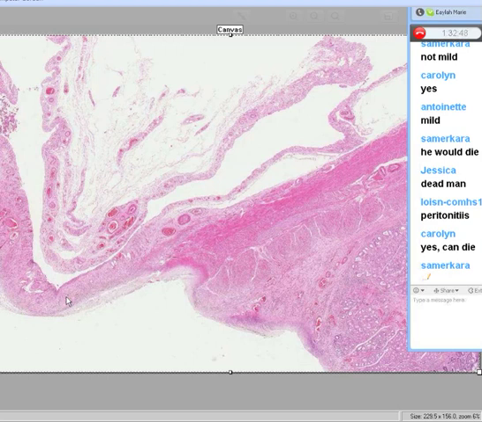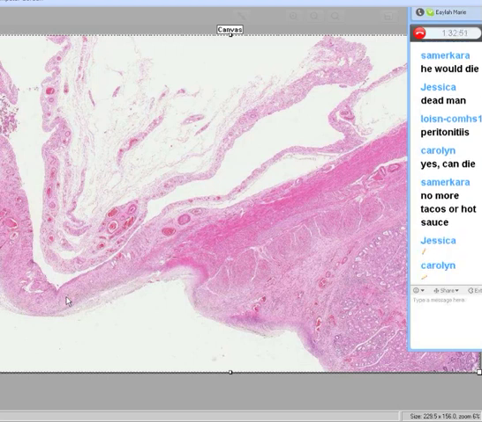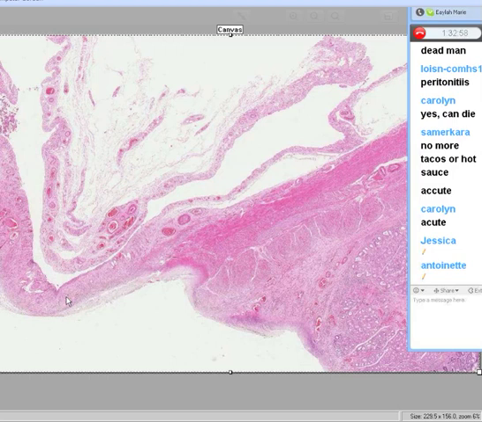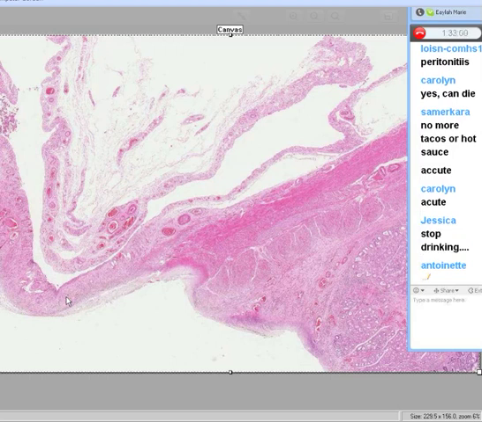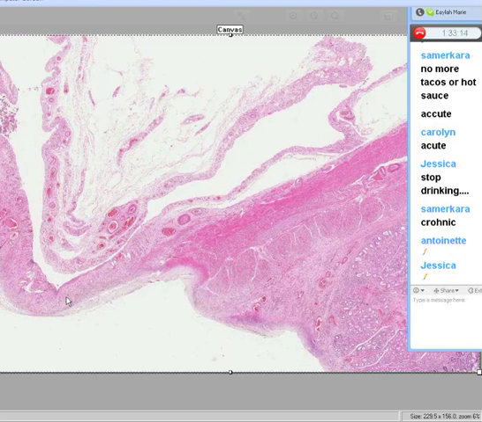Now, let me ask you this. If you looked at the base of the ulcer and there were a lot of neutrophils, would you call it an acute or a chronic ulcer? Let's say you looked at the base of the ulcer and there were a lot of fibroblasts and some lymphocytes. What would you call it then, acute or chronic?